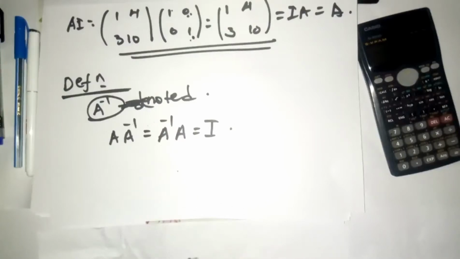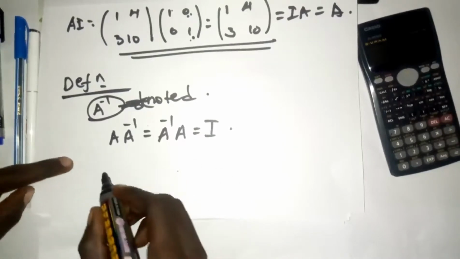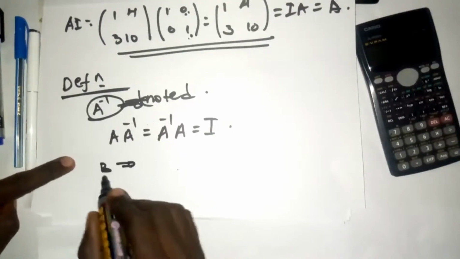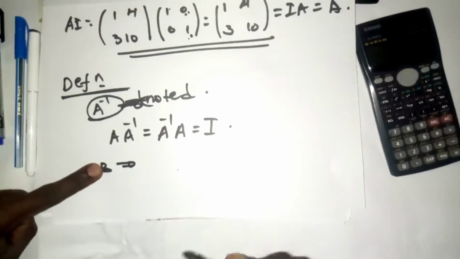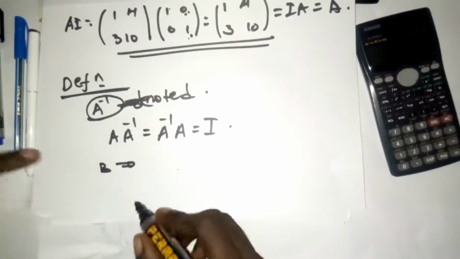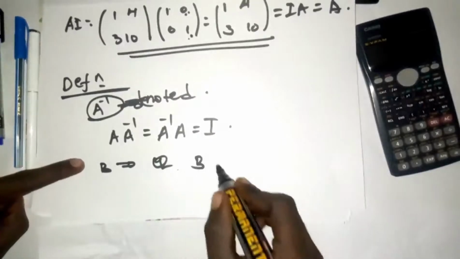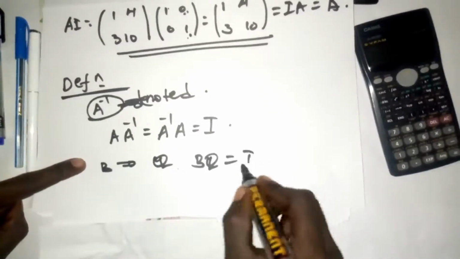So the inverse of a matrix is that matrix which, when multiplied by the matrix you have, gives you an identity matrix. The inverse of a matrix B is any matrix which, when multiplied by B, gives you an identity matrix. If I have the inverse of B as Q, if I multiply B by Q, I have to get an identity matrix.